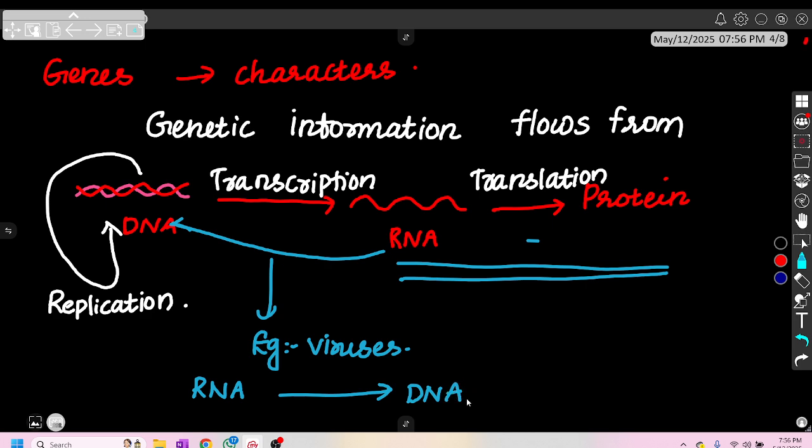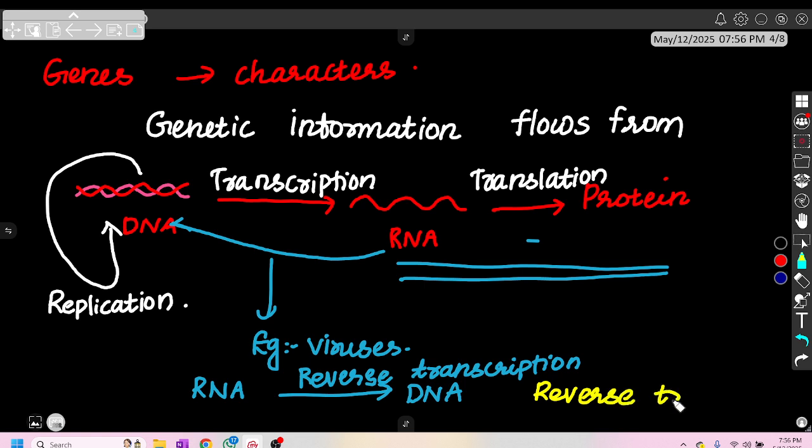This process is called reverse transcription, and the enzyme responsible for this is reverse transcriptase.